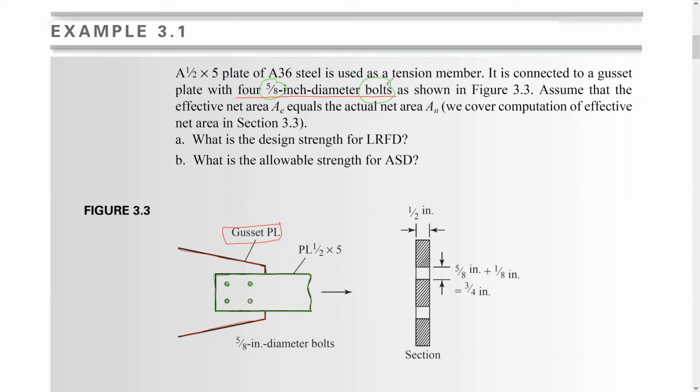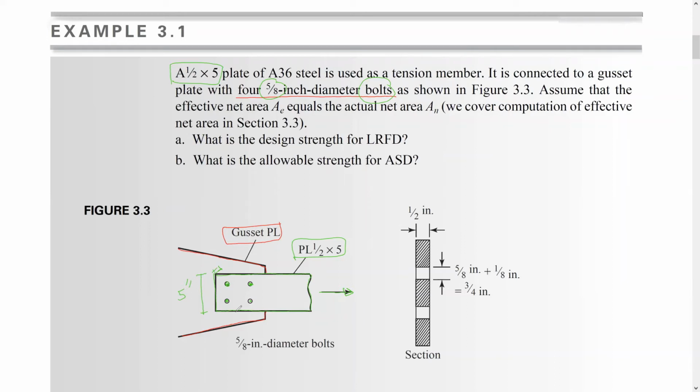Why do we call this tension? Because it's subjected to a tension force. It's 5 by 1/2, so the width is 5 inch and the thickness is 1/2. The length, we don't care about the length.